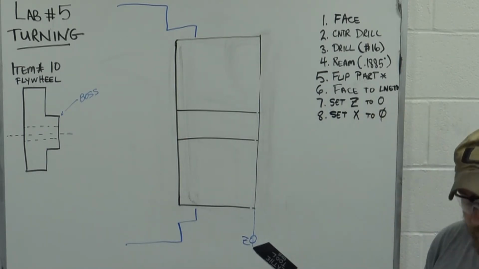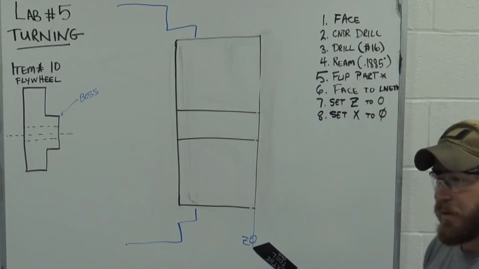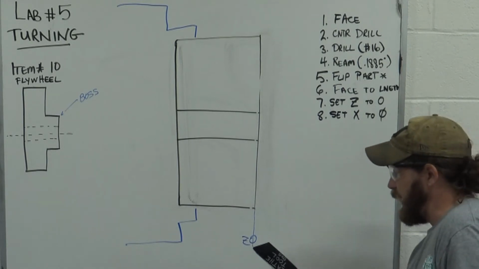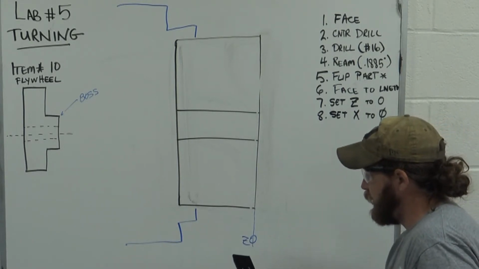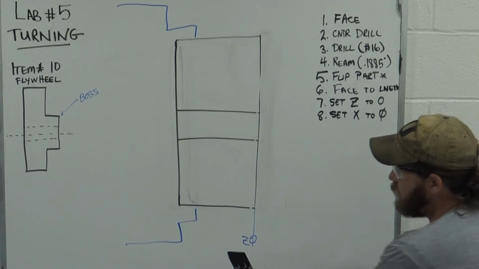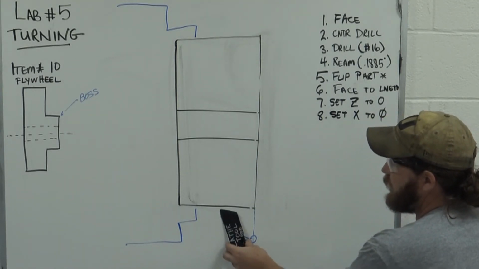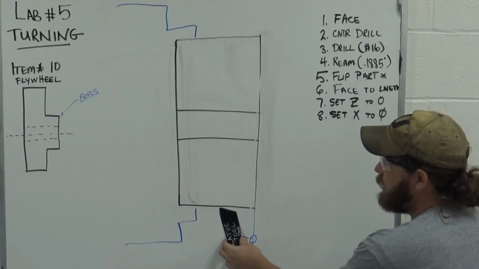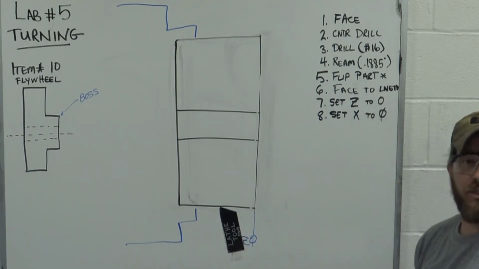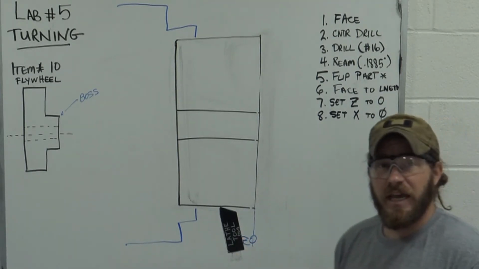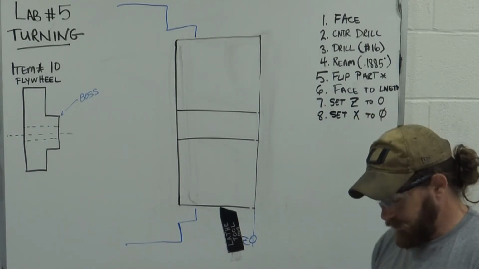So now we've got to set our X. And the way we do that is we come out here, we take our tool, and we just move it out here, just until we barely touch that outside diameter, all right?